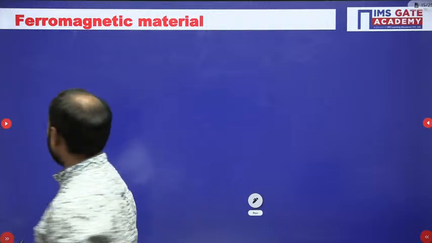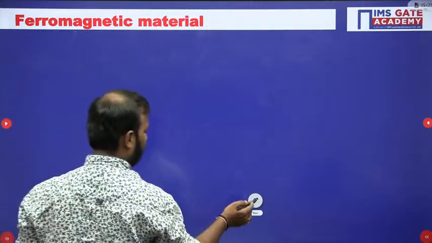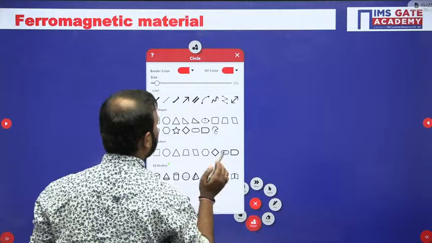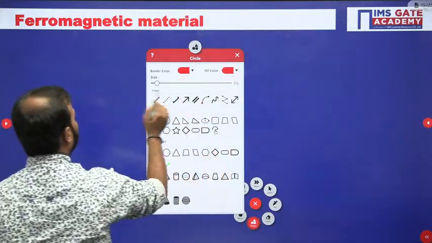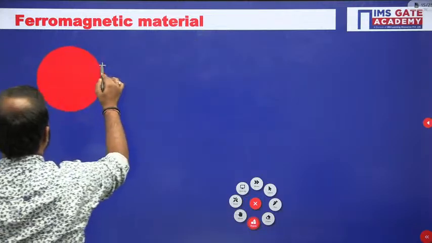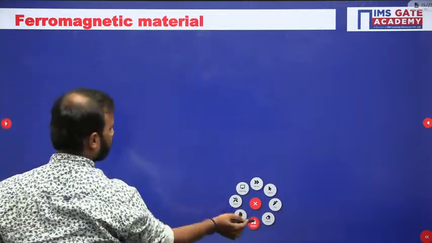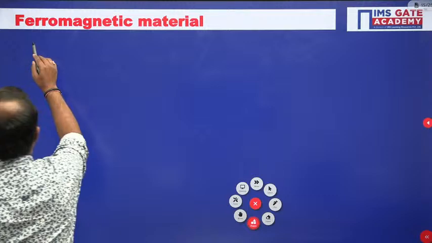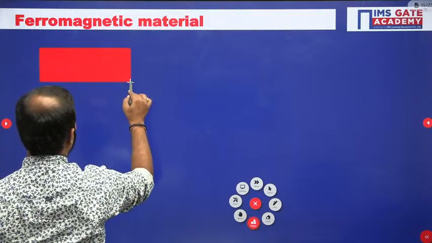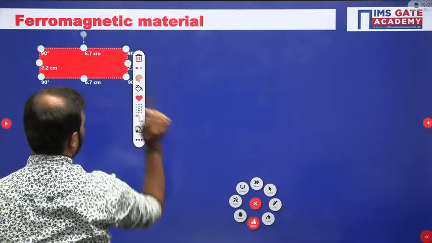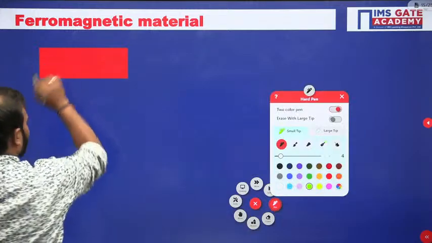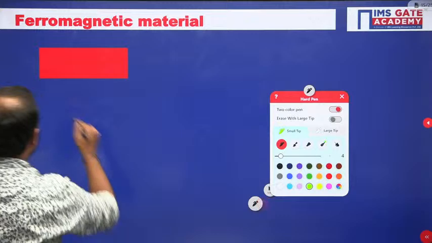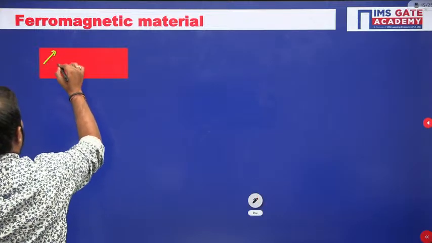So let me take a material like this. Sorry. So this is your ferromagnetic material, which, in the absence of a magnetic field, will have the dipoles in this direction like this.